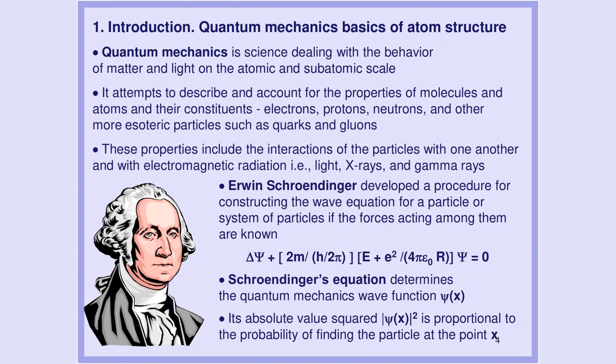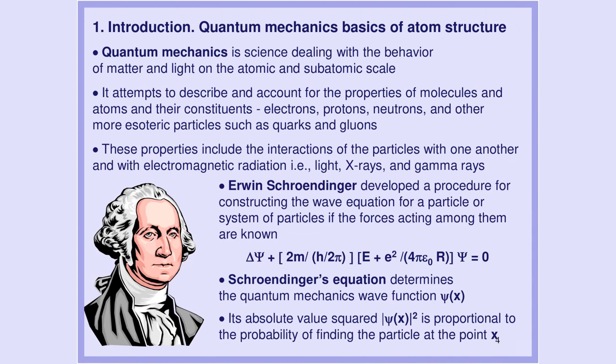Today we consider the quantum mechanics approach suggested by Erwin Schrödinger, who developed a procedure for constructing the wave equation for a particle or system of particles, if forces acting among them are known.